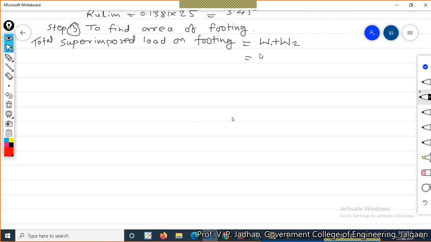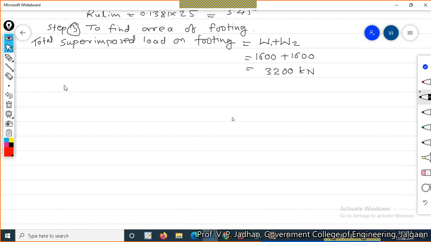We have W1 equal to 1600 kilonewton, plus W2, again 1600 kilonewton. So the total superimposed load on this particular footing is 3200. Now there will be some self weight of this footing.